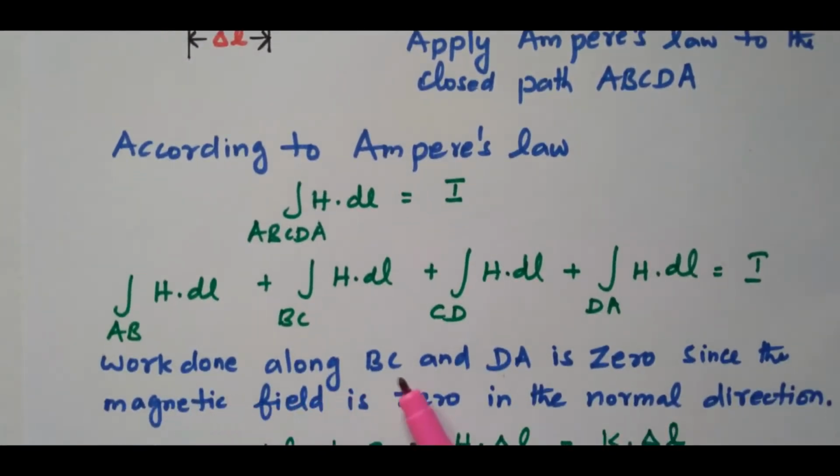The work done along BC and DA is 0 because the magnetic field intensity is 0 in the normal direction. In the previous derivation for the solenoid we did the same. For BC and DA it is normal, so the magnetic field intensity is 0. What about AB and CD?